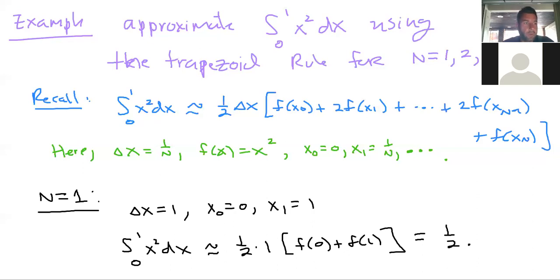So that is not the exact answer. We know the exact answer is 1/3, but that is an approximation using one trapezoid. Now, if you drew the pictures, it's not going to surprise you, because all you're doing is calculating the area of a triangle.